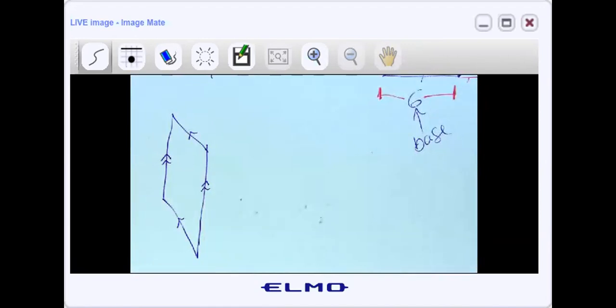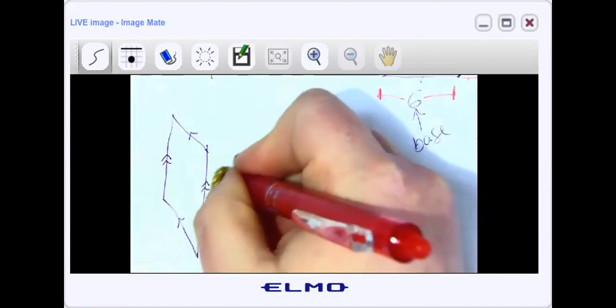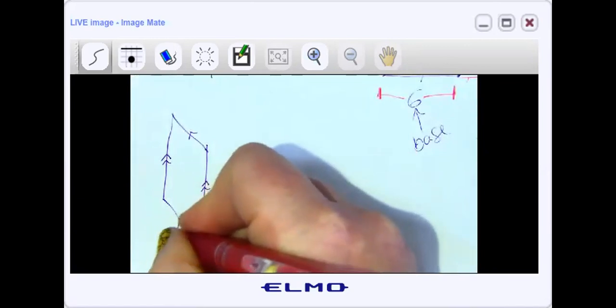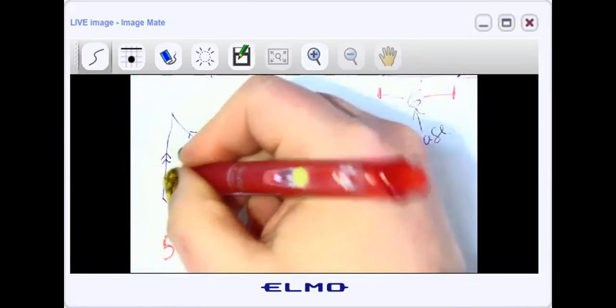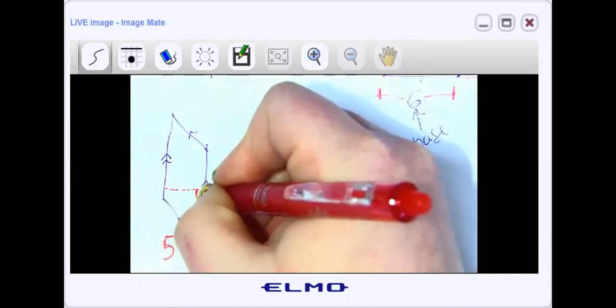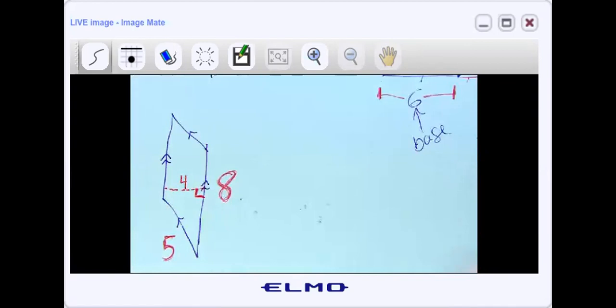And then let's say I told you this was 8, this was 5, and this was, let's make that 4. Okay, find me the area of this thingy.